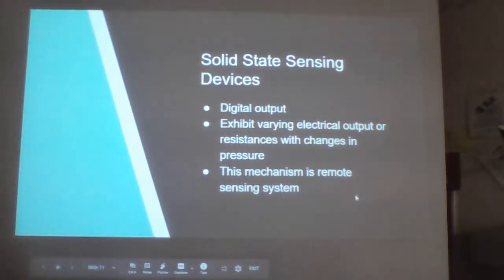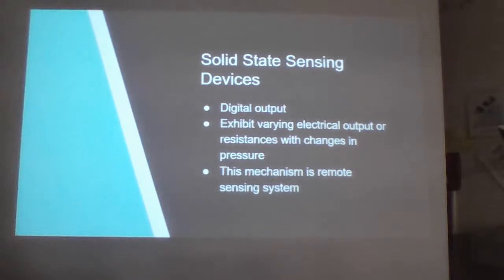This mechanism is a remote sensing system. So these solid state sensing devices do not have a direct sensing system. They have a remote sensing system. Remember we talked about this last time, we have the direct sensing, which is like one instrument and all of the devices are encased in that instrument. It is able to sense and display what that reading is within one instrument casing.